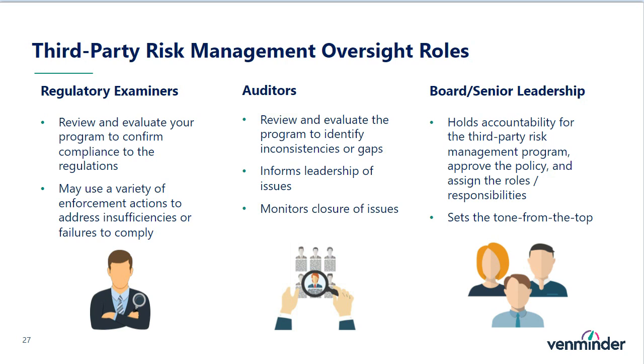And then finally, you have your board and senior leadership. And actually, these are the ones that are accountable for third-party risk management at the organization. So they need to approve the policy and assign the roles and responsibilities. But most importantly, they're also responsible for setting the tone from the top. And it's not unusual for examiners to cite senior leadership for having inadequate oversight. So let's move on and get into the nitty-gritty about what examiners and auditors really expect and what they're looking at.